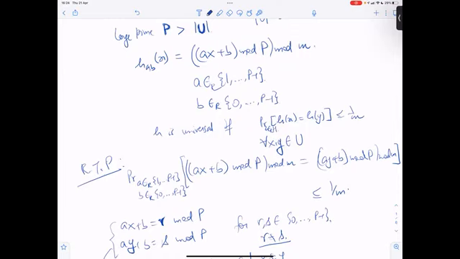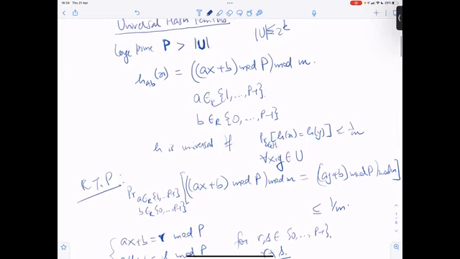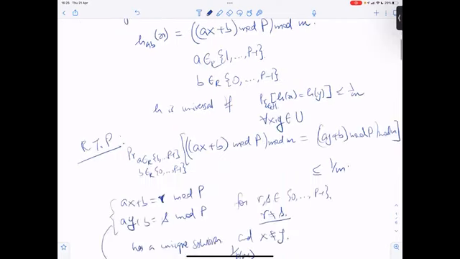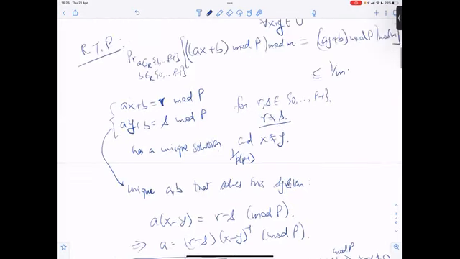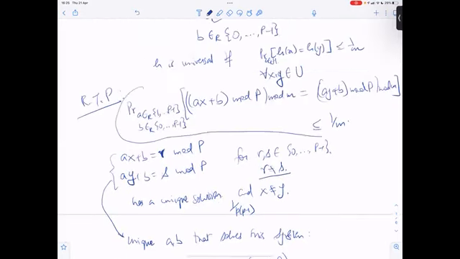What we want to prove is that the probability that there is a collision is small. For the same hash function, meaning for two different key values, the probability that you are hashing them onto the same spot is small. Meaning this hash function is given by a and b, correct?